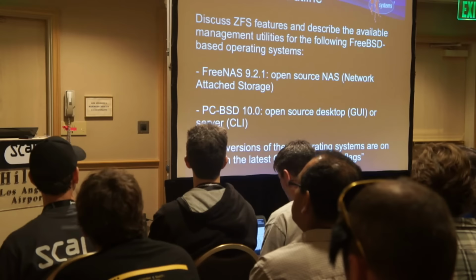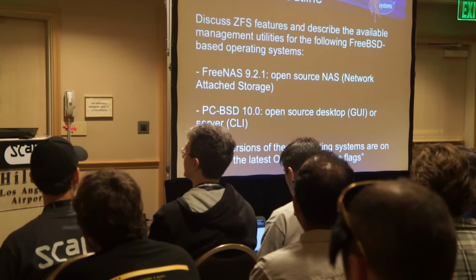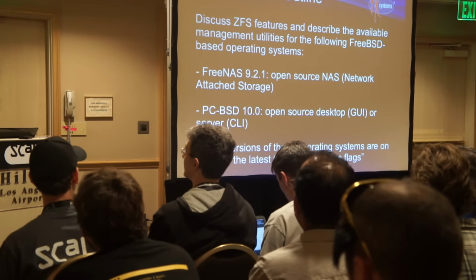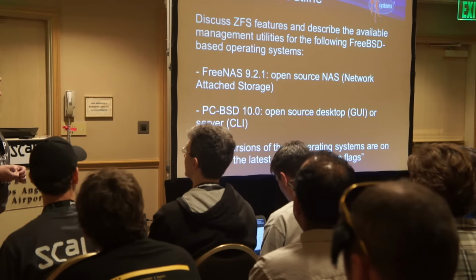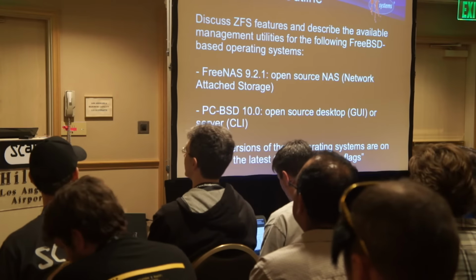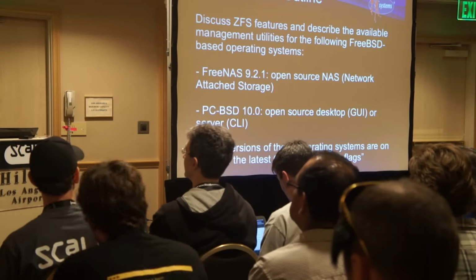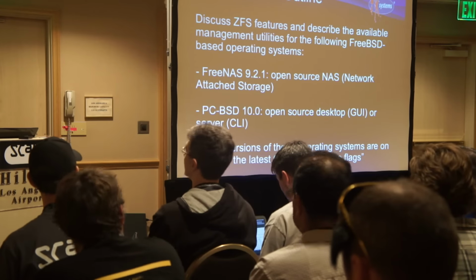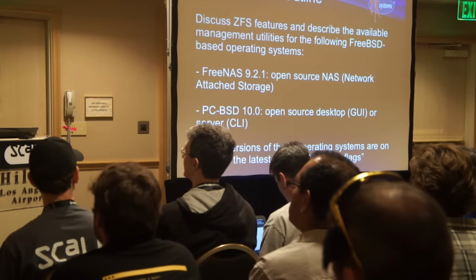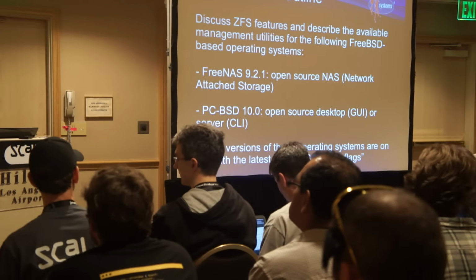So we're going to be looking at the tools in FreeNAS, which is an open source storage appliance based on FreeBSD, looking at the latest release, 9.2.1. And we're also going to take a look at PC-BSD, which provides a graphical desktop as well as a command line server.